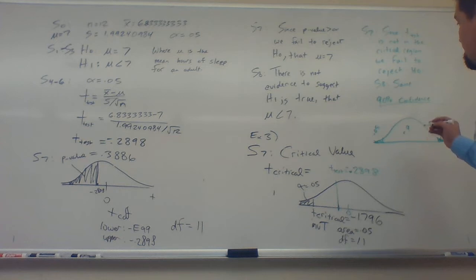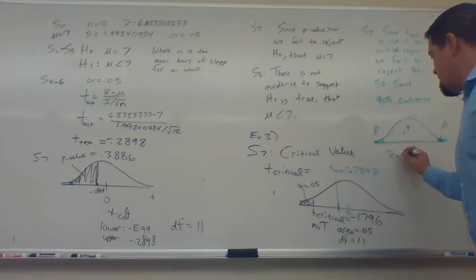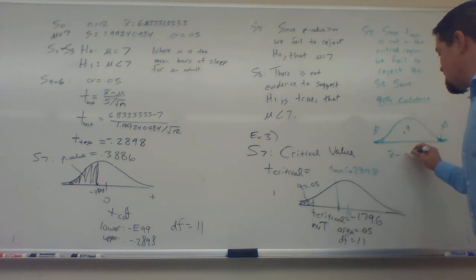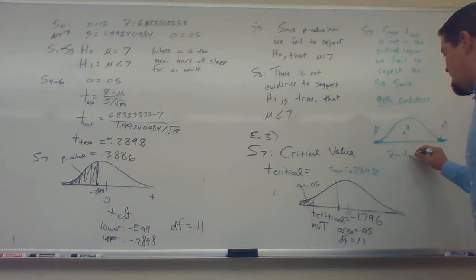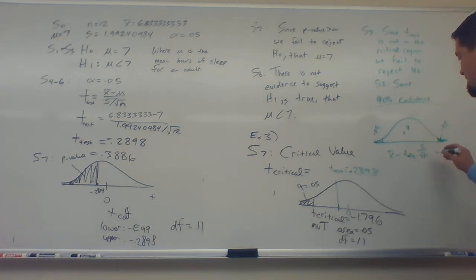If you recall, for this confidence interval, you would use x bar minus your t critical, your t alpha over 2 actually, which is going to be 0.05, times your s over the square root of n, is less than mu, less than the same thing.